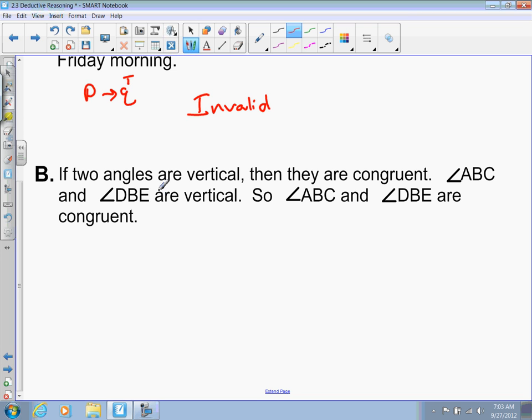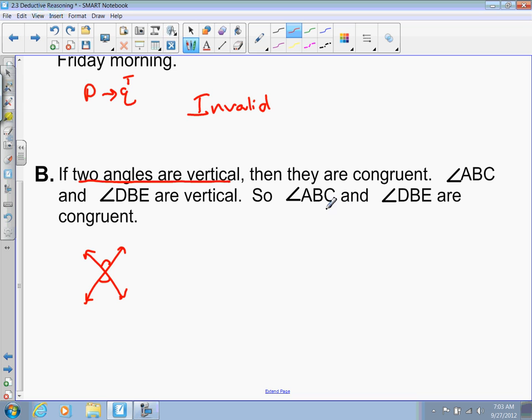And the last one: if two angles are vertical, and remember vertical angles are these kind of angles, then they are congruent. That is a true geometric property that we've talked about before. Angle ABC and angle DBE are vertical. So does that satisfy this first condition?